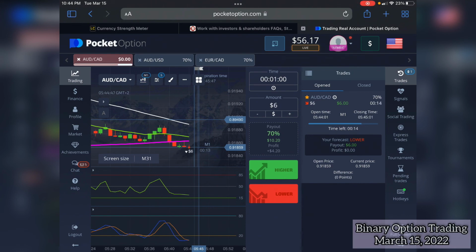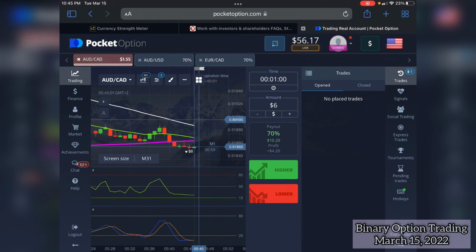That's 0. The current price is still at 8.59, so that's why I haven't moved. So if it stays right there, we just get our money back, but we didn't have to. We won $10.02. So right now we just won $11.20 so far with 3 trades.